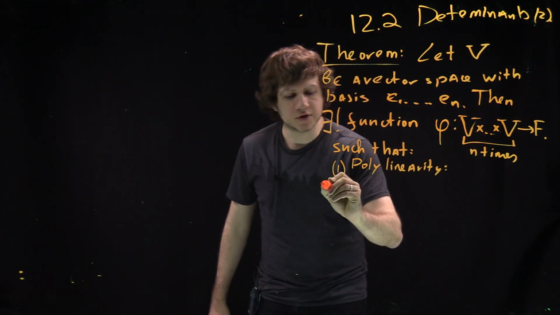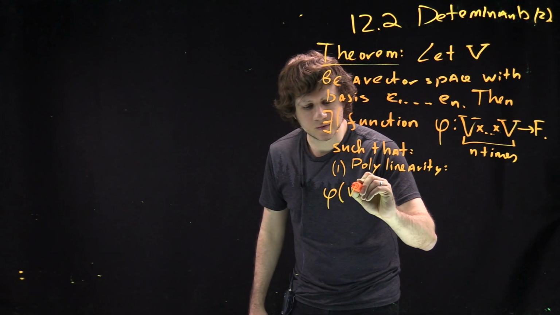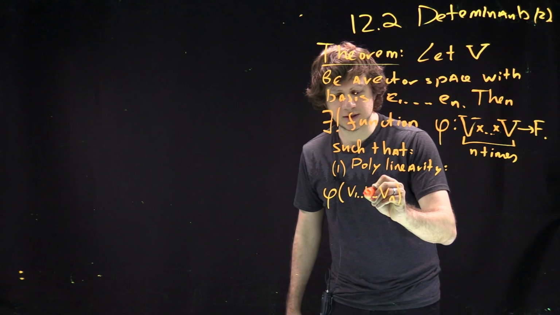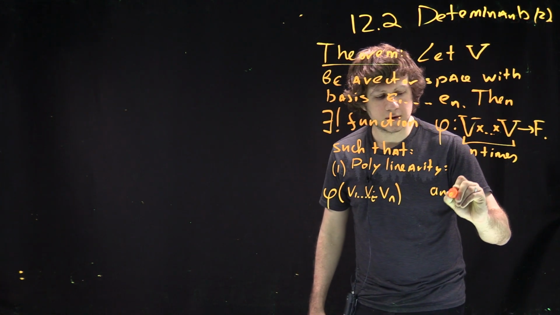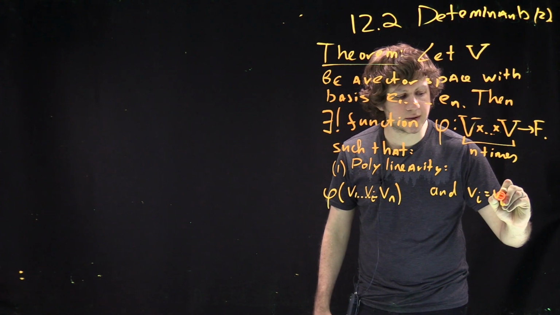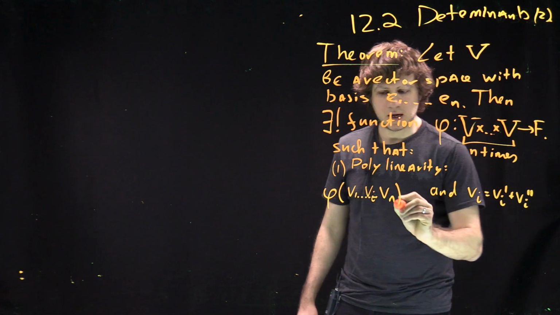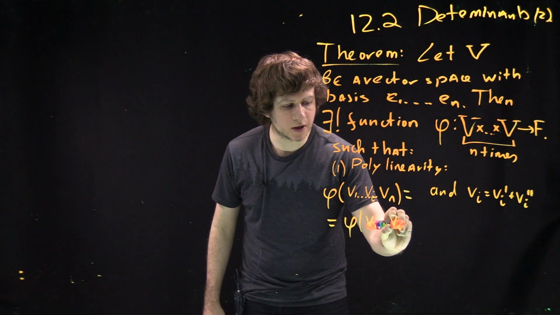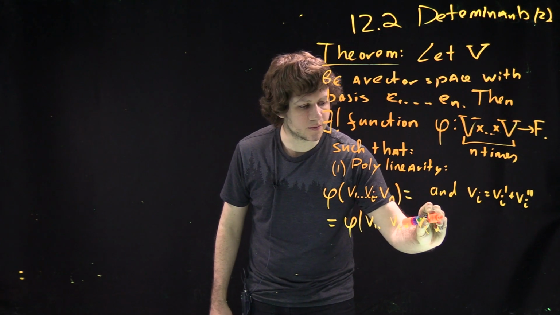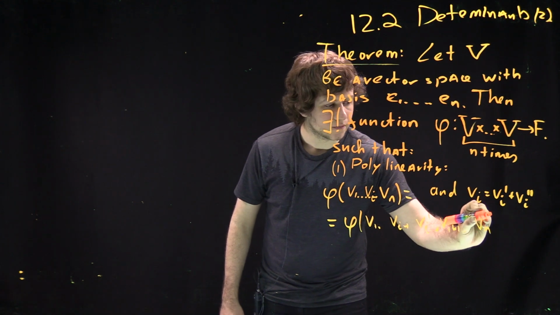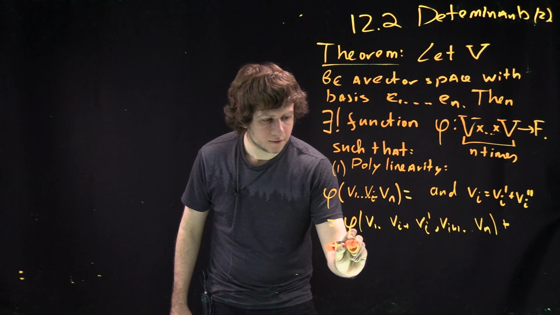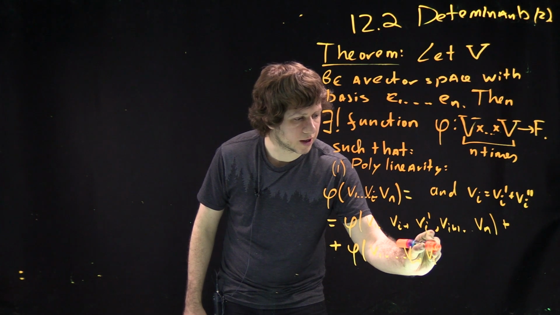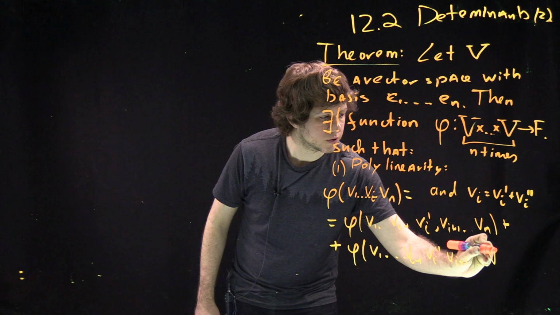What it means is that if you take phi of a tuple of vectors V1 up to Vn, and somewhere inside there is vector Vi, and Vi is presented as a sum of two vectors Vi prime plus Vi double prime, then phi equals phi of V1 to Vi minus 1 are the same, but then Vi is substituted with Vi prime, everything else is the same, plus phi of the same thing, but now we have Vi double prime, Vi plus 1, and so on, Vn.